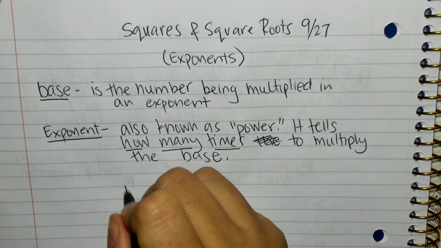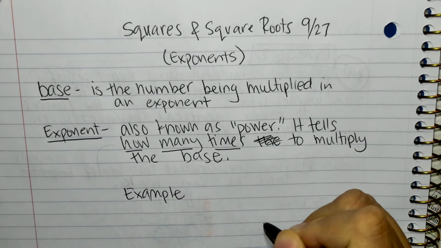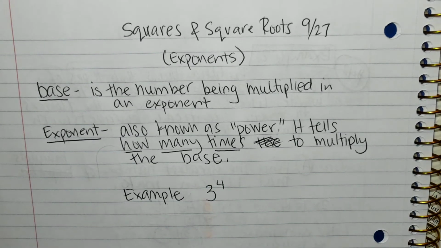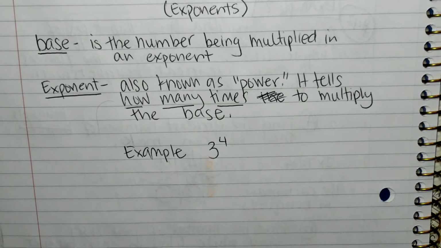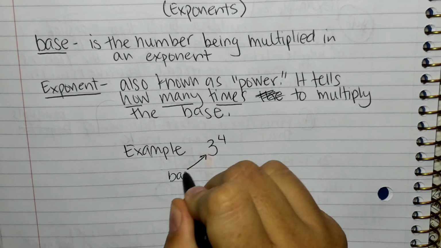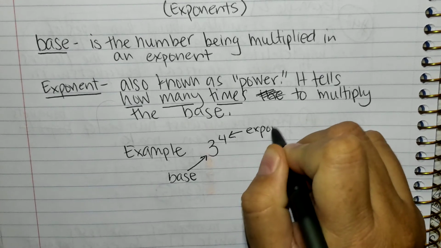So here is our example. Three to the power of 4. 3 is our base number. 4 is our exponent.